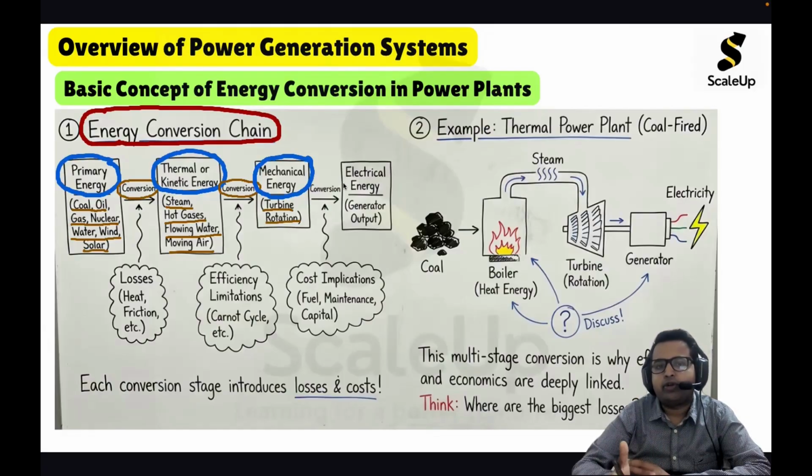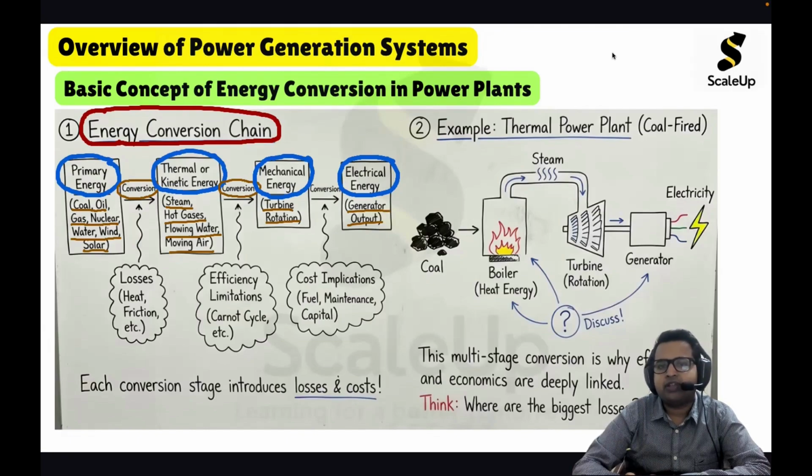When the turbine rotates, magnets rotate, and the change in magnetic field produces an electric field. So electrical energy is produced, and that is the generator output we get. This is the energy conversion chain followed in power plants.